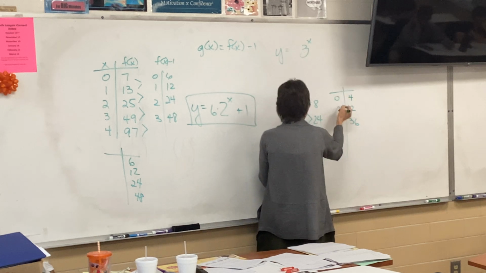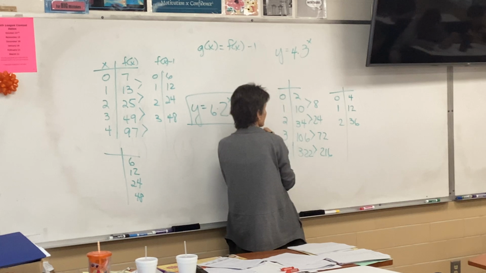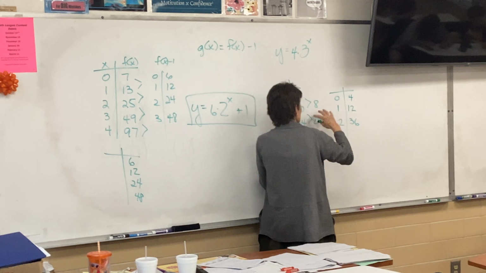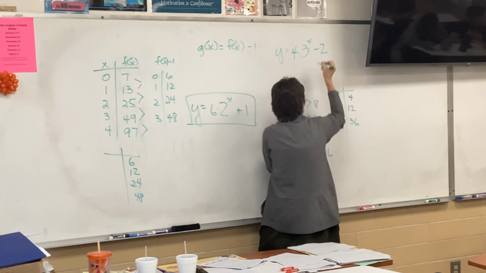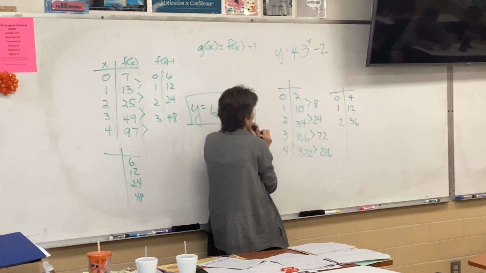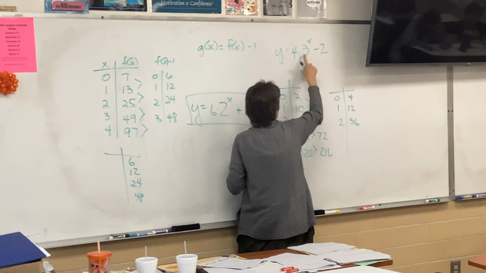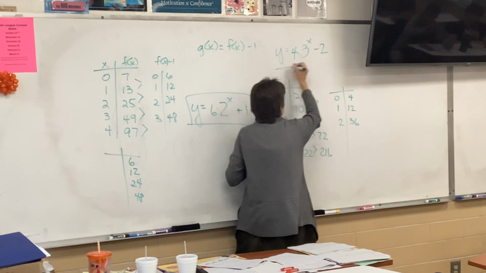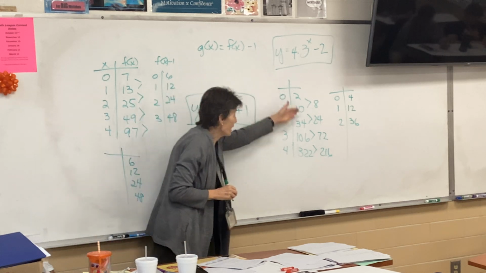If we do that, then our initial value is 4, so it's gonna be 4 times 3 to the x. And then since the new function, if we have to add 2, that means we have to subtract 2. Is that right? If I put in 0, I get 4 minus 2, yeah, that's right. And if I put in 1, I get 10, yep, so that's it right there. That is the equation of this exponential.